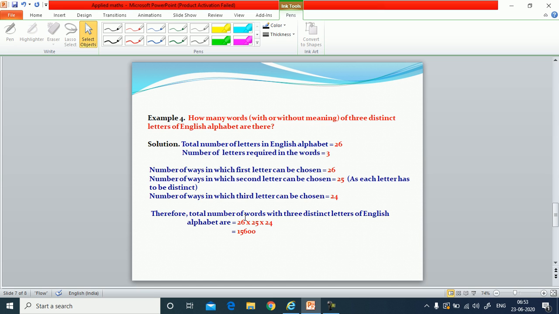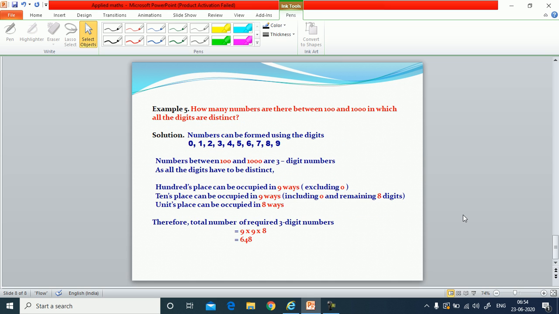So see how many total words with three distinct letters we are getting. It is coming out to be 26 into 25 into 24. That comes out to be 15,600 words. So these many three letter words we can make with or without meaning using different letters from the English alphabet. By now you must be getting a slight idea how the first situation we talked about can be attempted. Now see example 5.